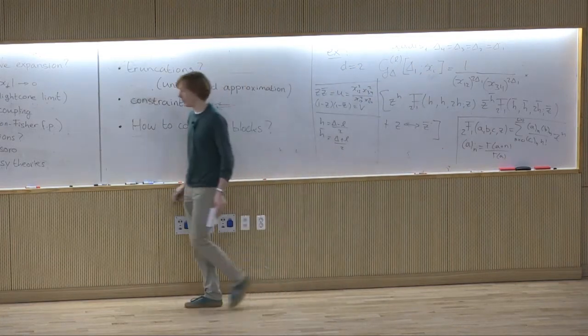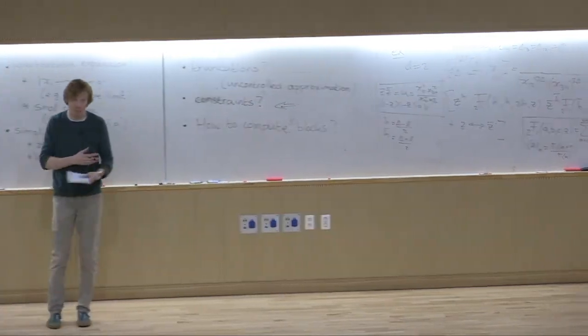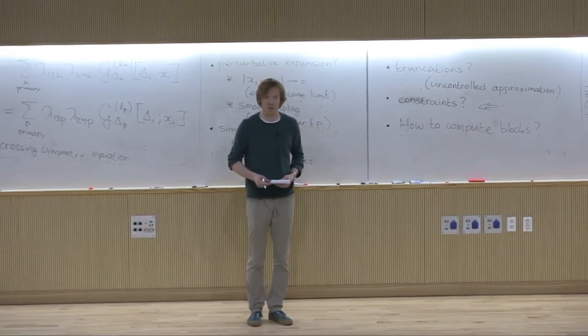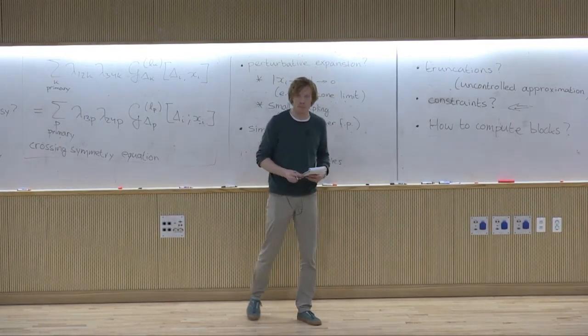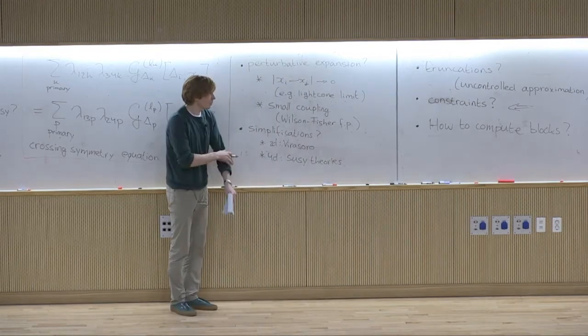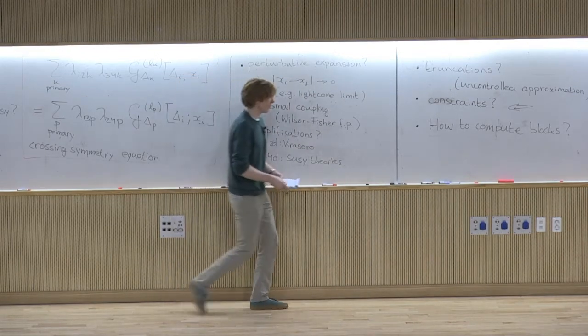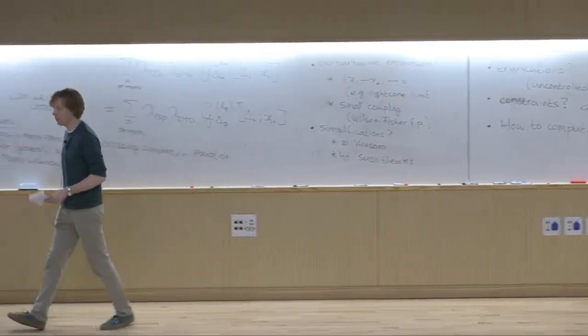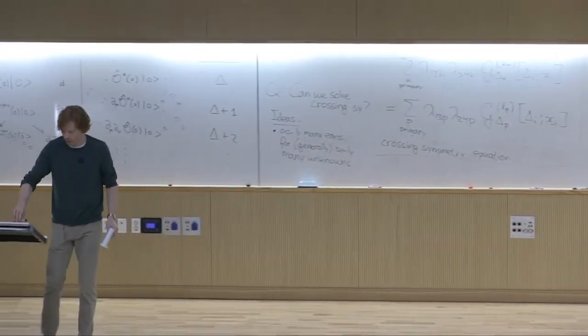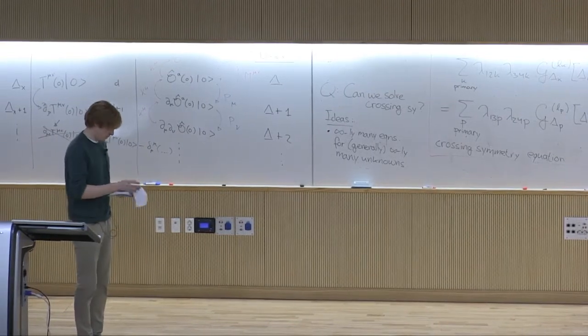So they look a bit nastier, but there are papers out there that just give you recipes for computing these conformal blocks in terms of some series expansion. So this is important, but not something I'd like to dedicate more words to.